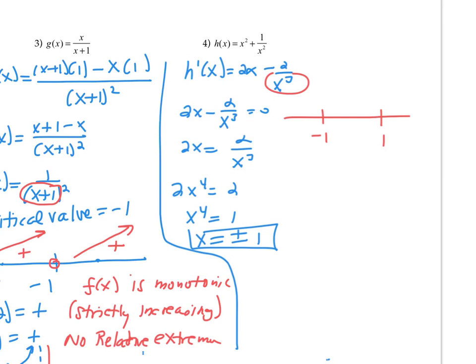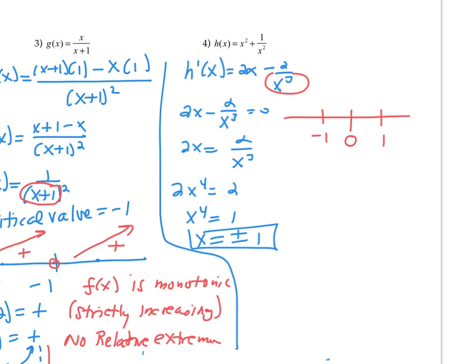Let's squeeze 0 in there. So you have -1, 0, and +1 for the critical values. And again, critical values come from the first derivative being equal to 0 or when the first derivative is undefined.